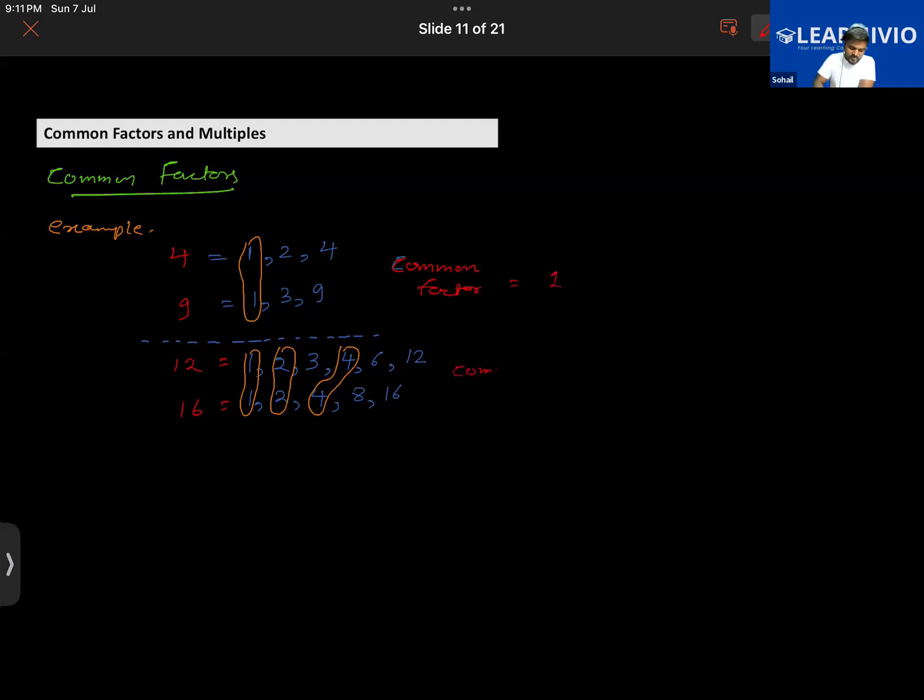For 12 and 16, the common factors are 1, 2, and 4. Got this now. So that is what a common factor means. Hope you have understood that. Any confusion? Okay, let us solve some questions on common factors of numbers.